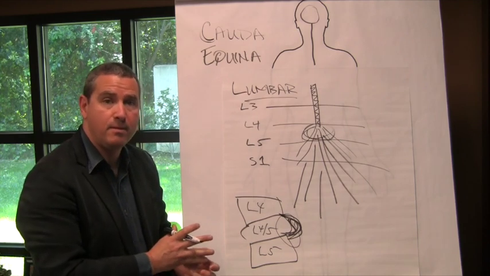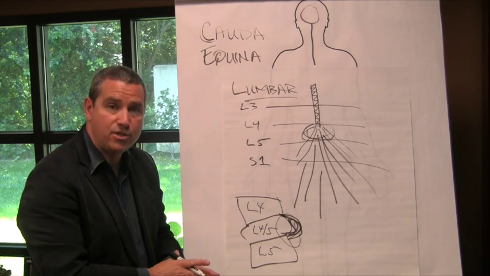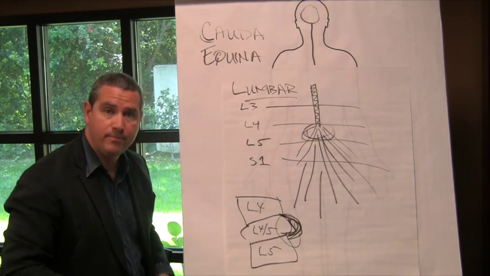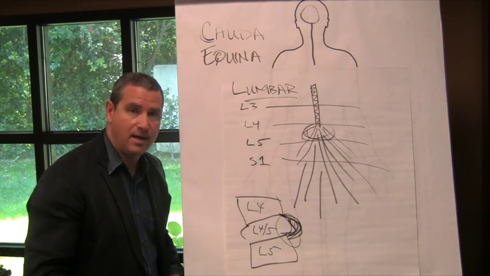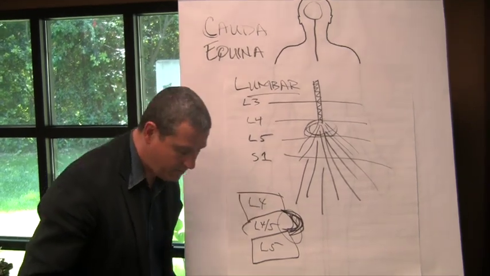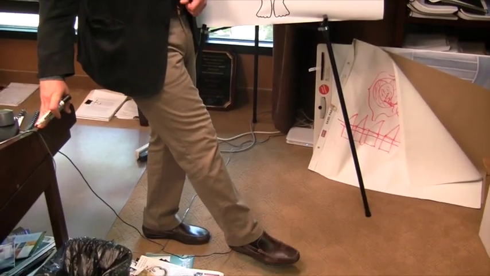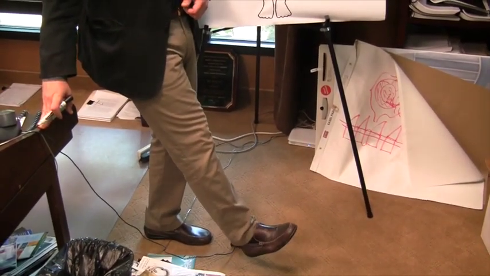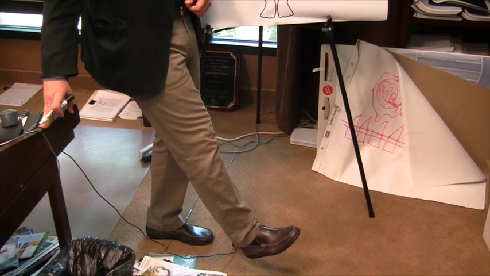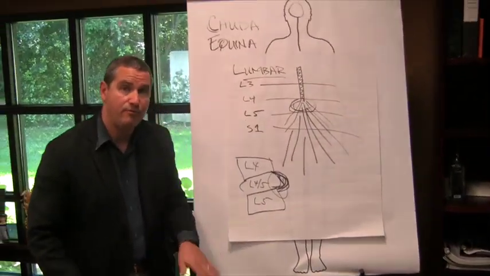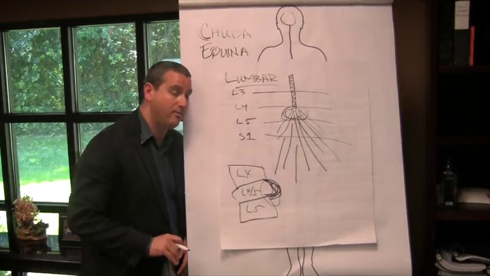Bowel, bladder, sexual function, walking. The one thing that's very much affected is foot drop. The ability to raise and lower your foot like this, to lift your foot up. People who have serious injury to the cauda equina can end up with a foot drop where when they walk they can't lift their foot.